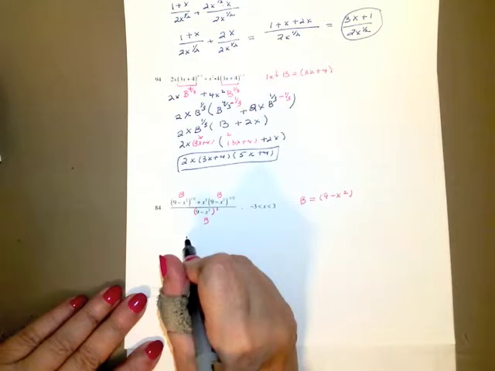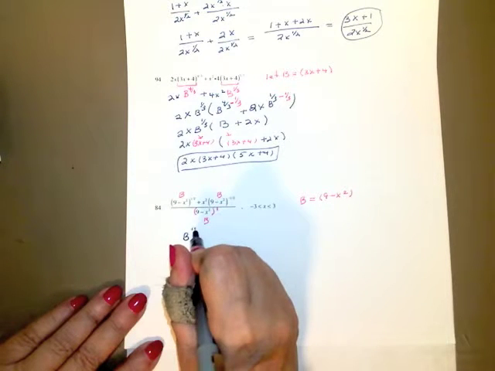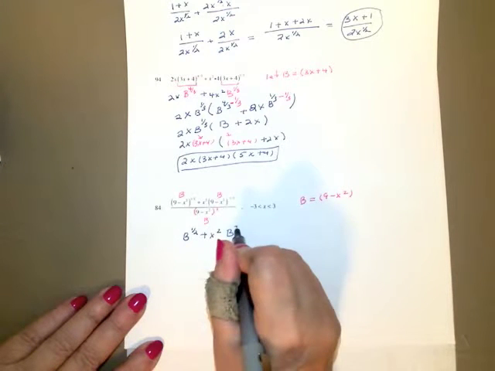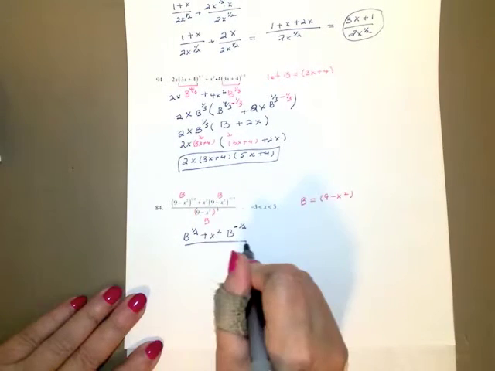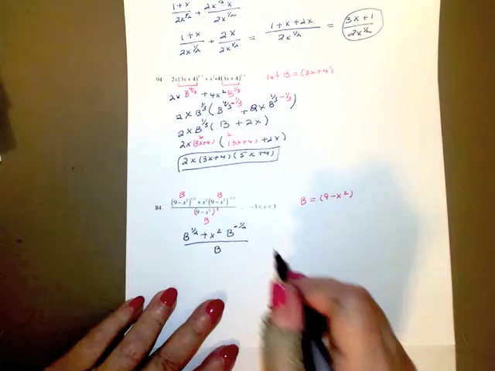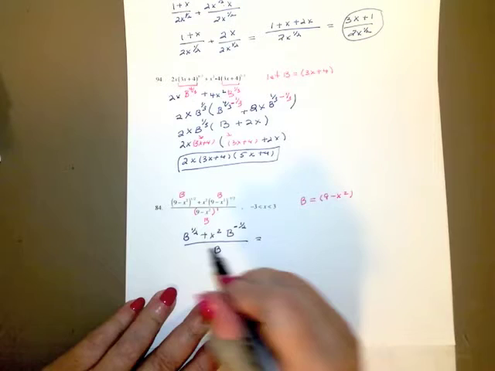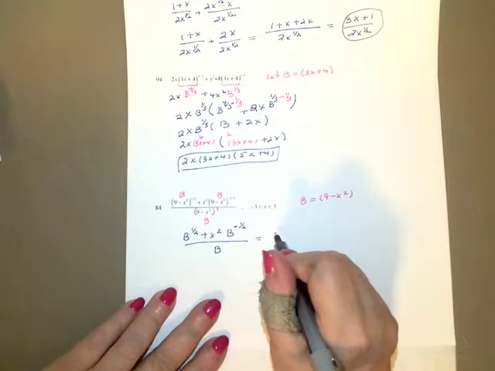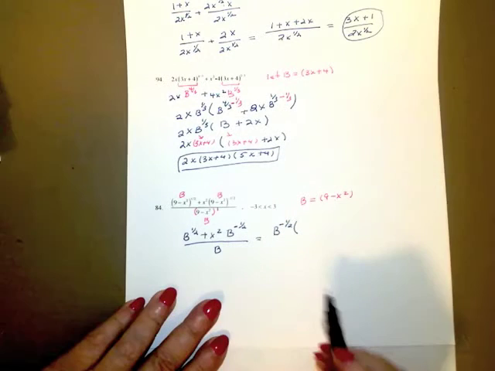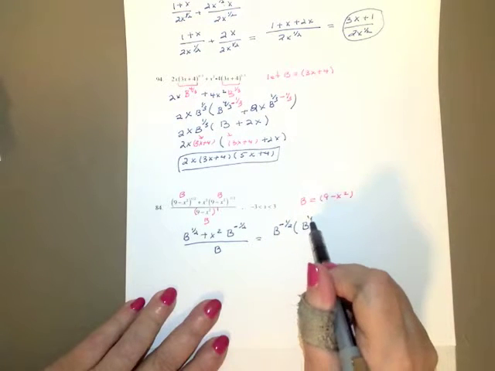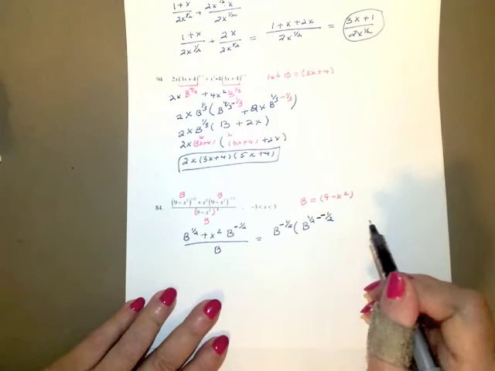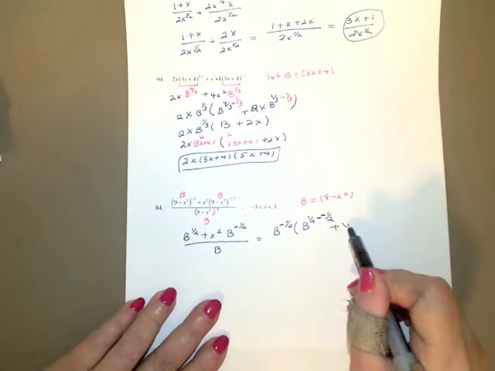So this then becomes b to the 1/2 plus x squared b to the negative 1/2, all over b. Now in the numerator, there's a greatest common factor of just b to the negative 1/2. So from the b to the 1/2, I'm going to remove a negative 1/2, plus x squared.